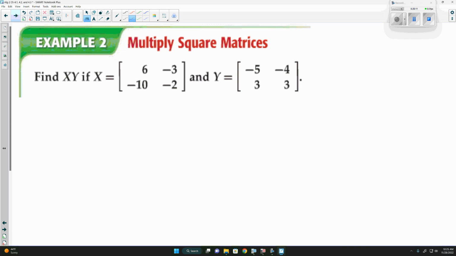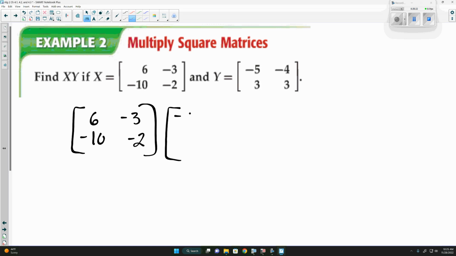So this seems a little weird, seems a little confusing, but when we actually do the multiplication, it's going to make sense. So here, we're multiplying 6, -3, -10, and -2 by -5, -4, 3, and 3. So we're going over, down, over, down.